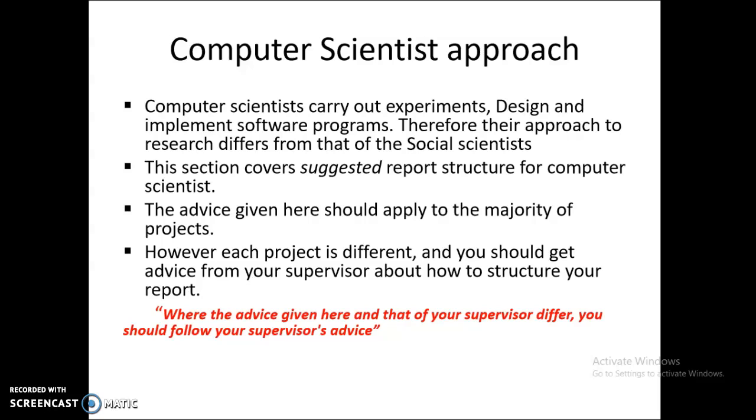So always get advice from your supervisor about how to structure your report. Where the advice given here is different from that of your supervisor, please, I insist, stick to what your supervisor has advised or recommended that you do.